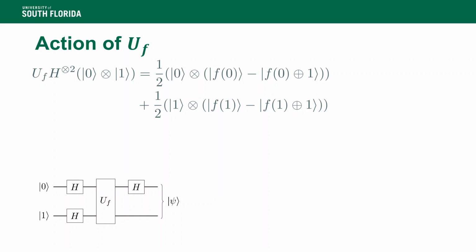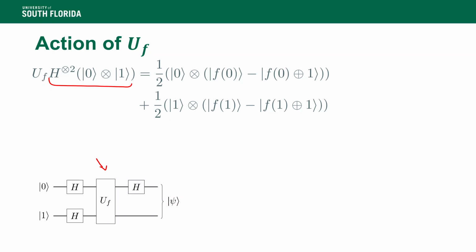Now let's see what happens after I get the action of U_f here. So we have that U_f applied to our previous state is going to be given by the action on each term. So we had a sum of 2 terms, and now we're wondering how this action will look once we simplify for the different values of f.